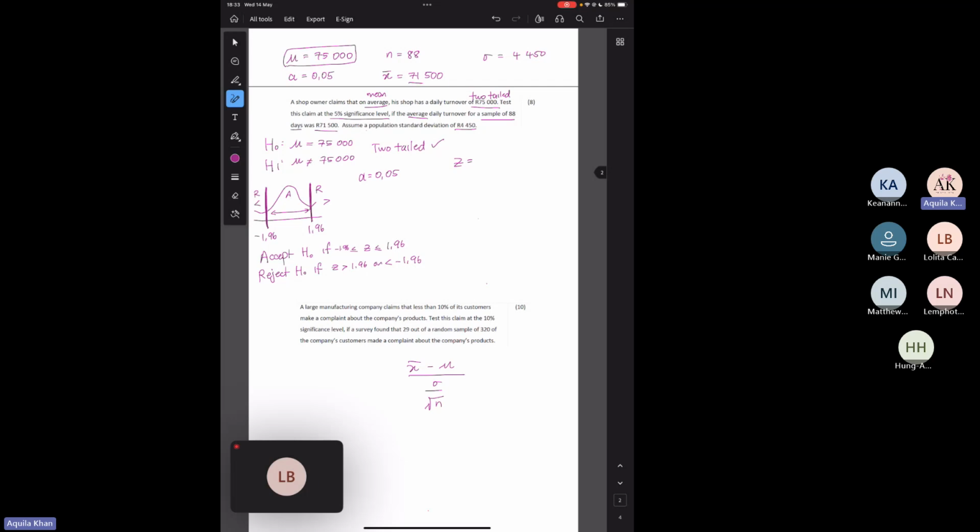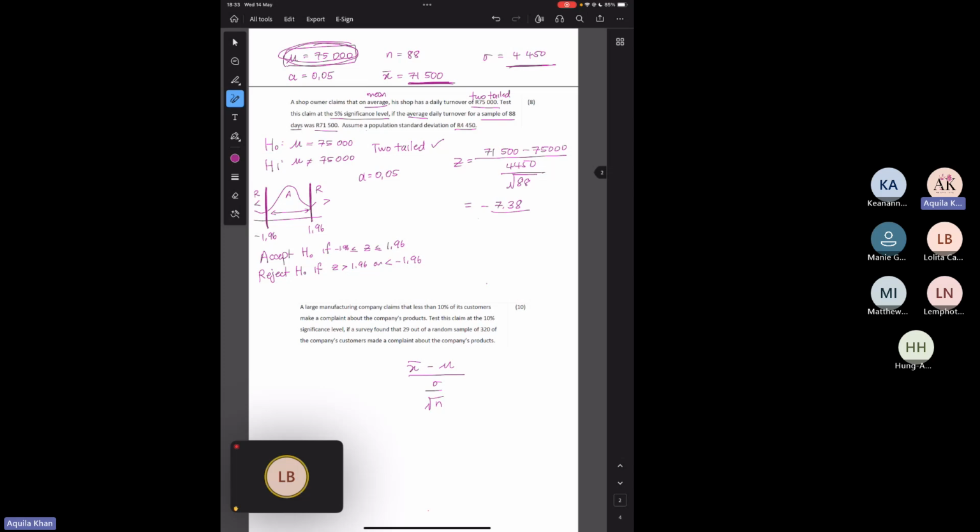So your x bar figure is at the top here, 71,500 minus your mu value, which is 75,000, over the standard deviation, which is 4,450, over the root of n, which is 88. So when you calculate this value, it gives you minus 7.38 to 2 decimals as your test statistic.